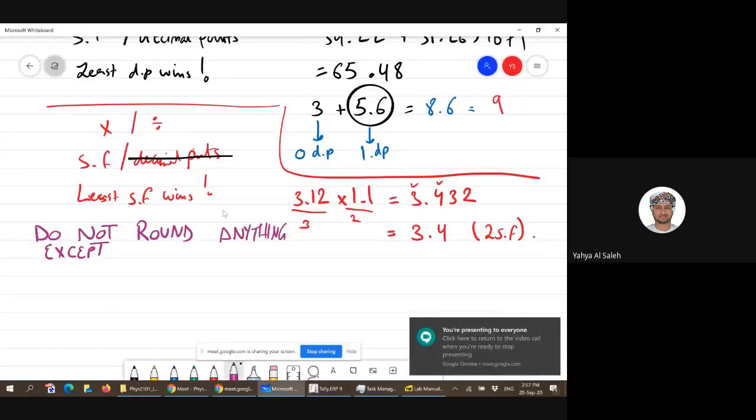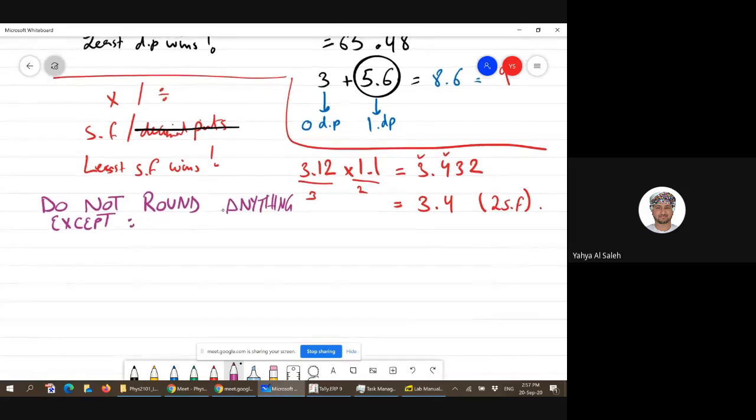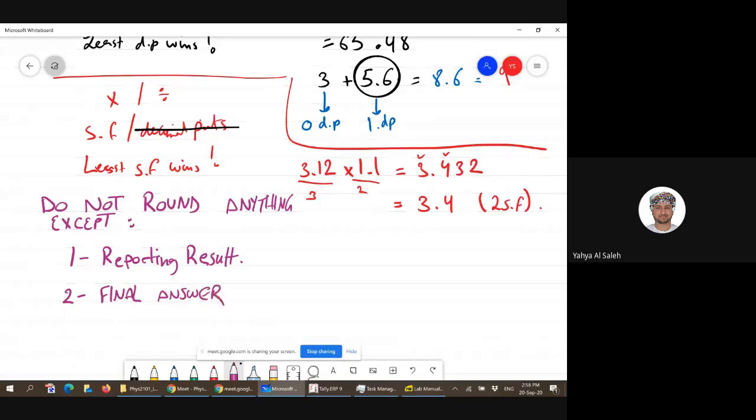Do not round anything except in two cases. One, reporting a result. Two, the final answer.